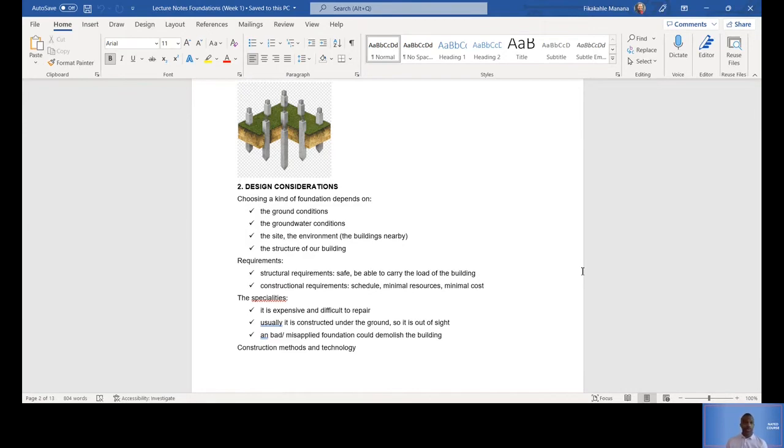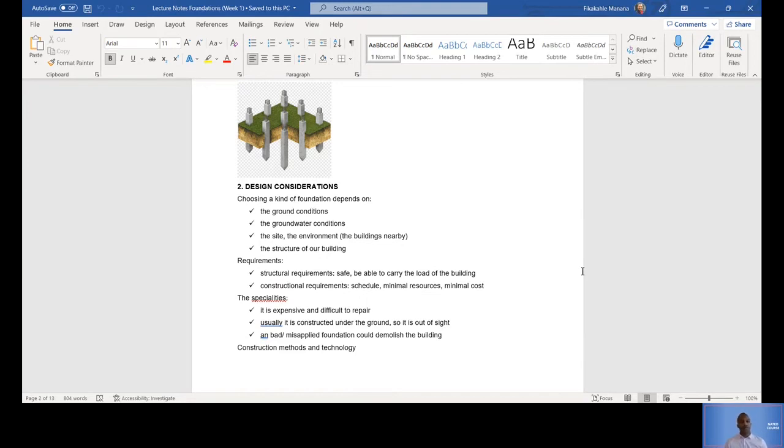For example, if the soil is sandy, then probably piles will be used, but if it's rocky, then probably shallow foundations. But we'll get to that. It's just to say the ground conditions really matter. And the person who assesses the ground condition is the geotechnical engineer, also known as the soil engineer.